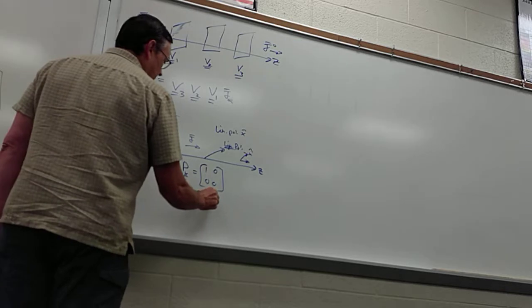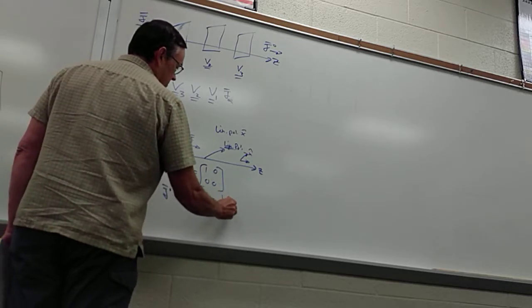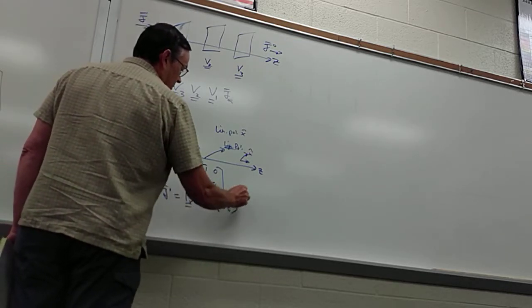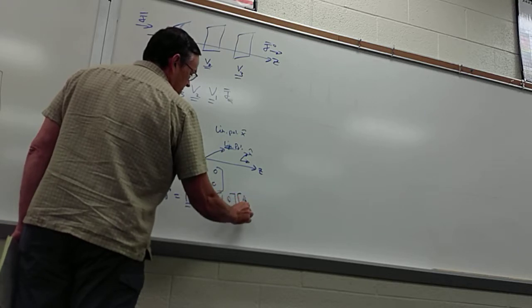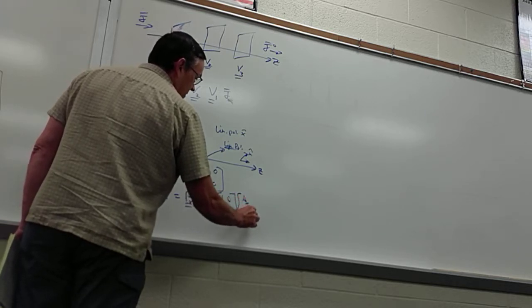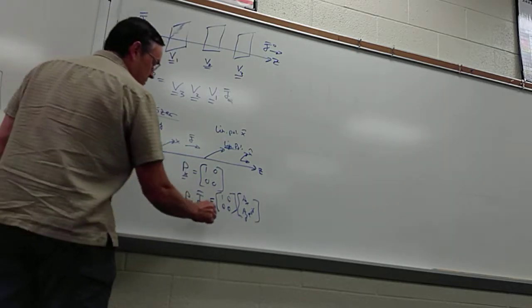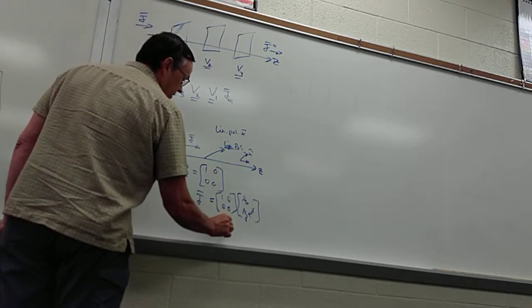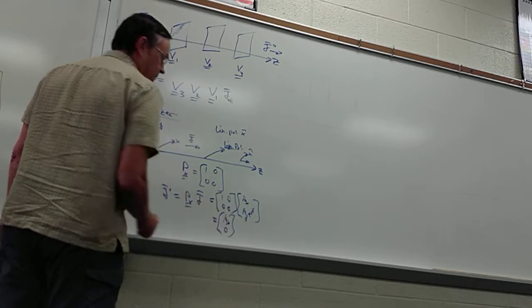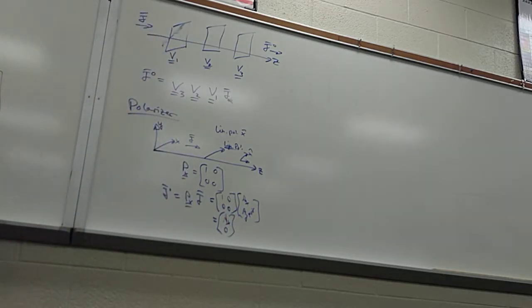So we can write that as [1, 0; 0, 0] times the input polarization state, Ax, Ay e^(j delta). Doing the matrix multiplication, we just have Ax, 0. So that Jones matrix represents what we mean by a linear polarizer in the x direction.